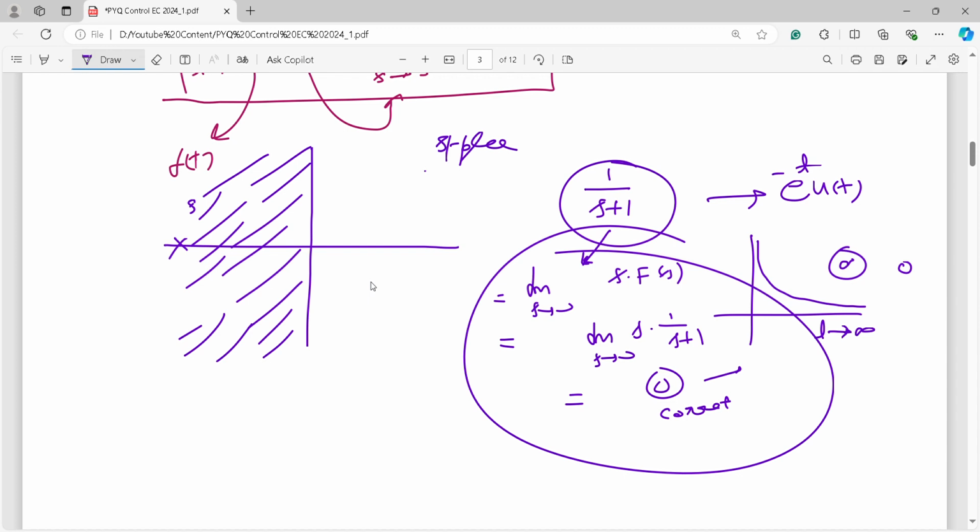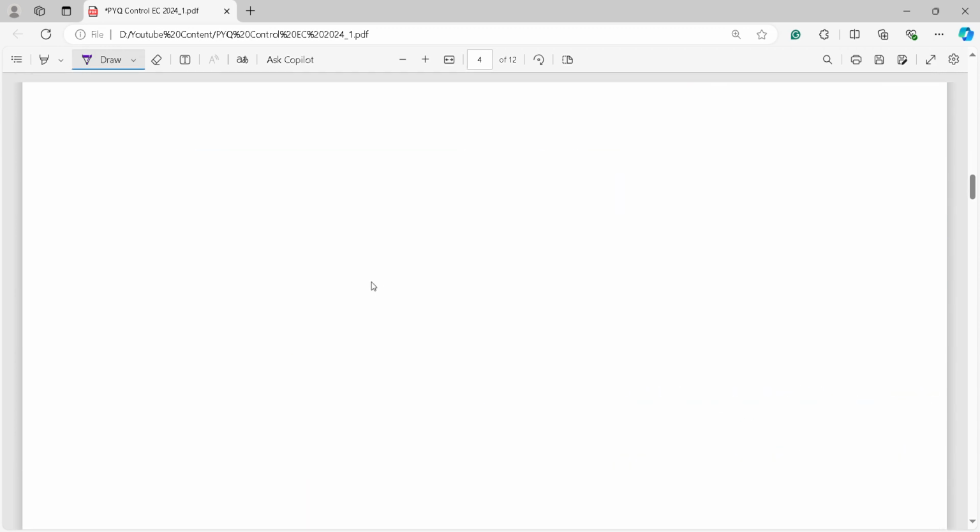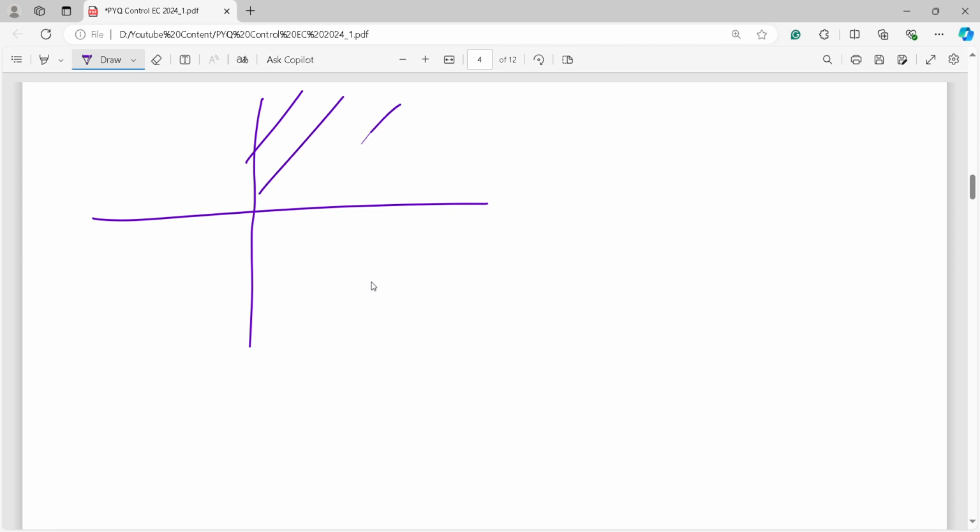Okay, and take one more case, where the pole lies in the right hand side. Take, for example, the pole is 1/(s-1). The pole is in the right hand side, so we know the system is unstable.